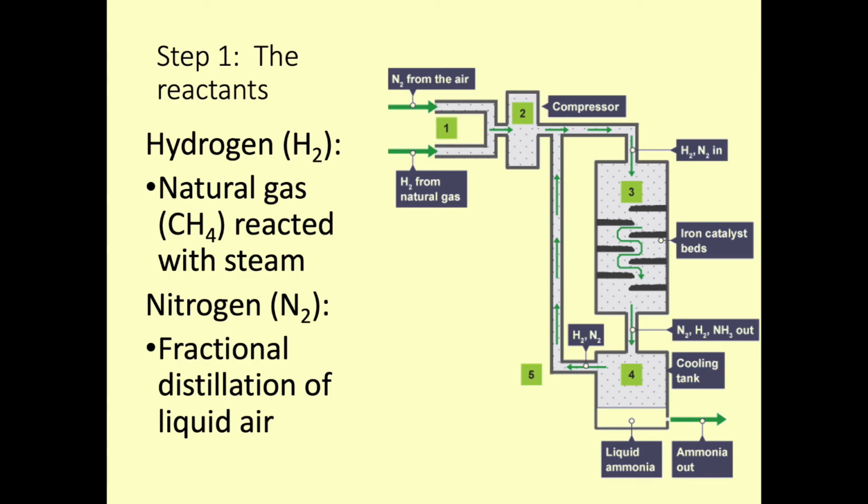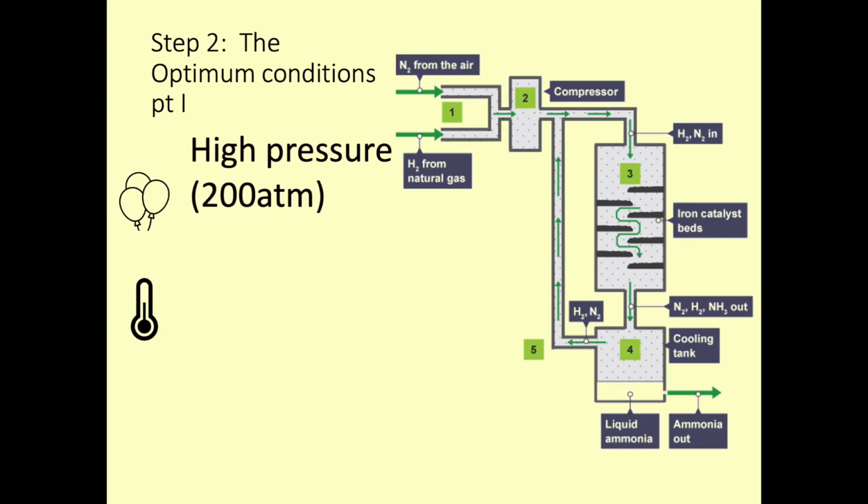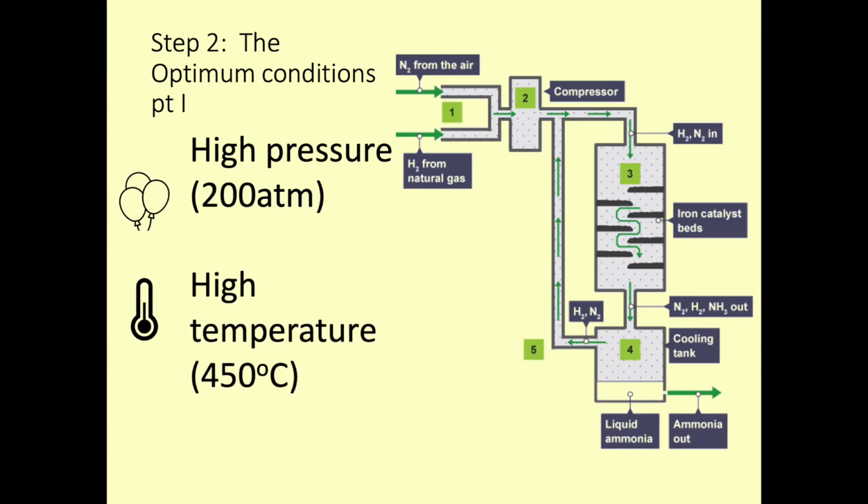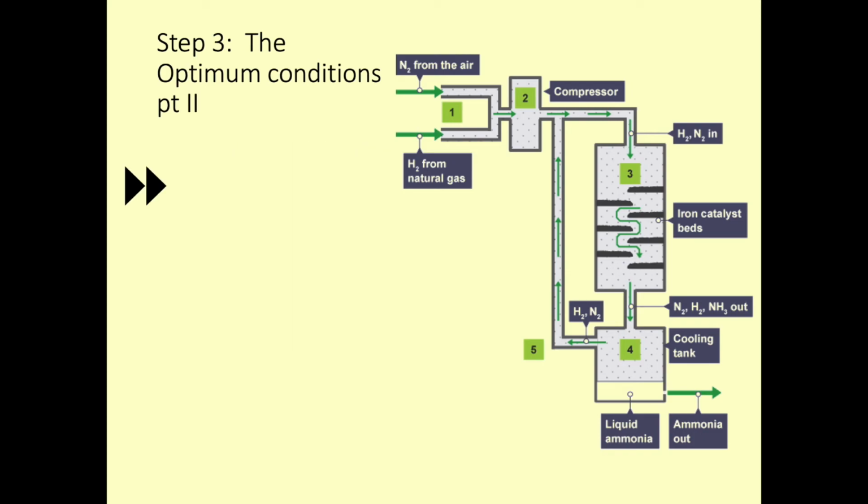We then mix these gases together and put them into a compressor where we obtain that high pressure of 200 atmospheres and the high temperature of 450 degrees Celsius. The next part is passing those gases over the iron catalyst beds in order to speed up our rate of reaction and the rate at which our equilibrium is reached.